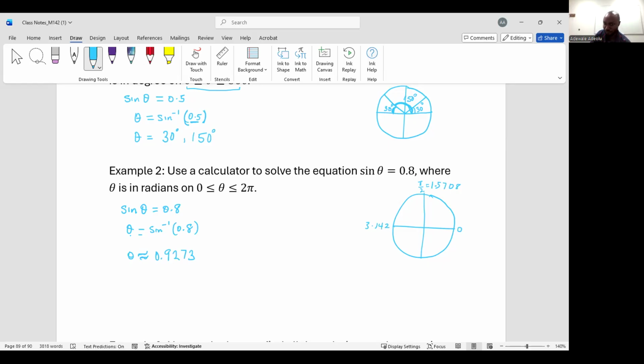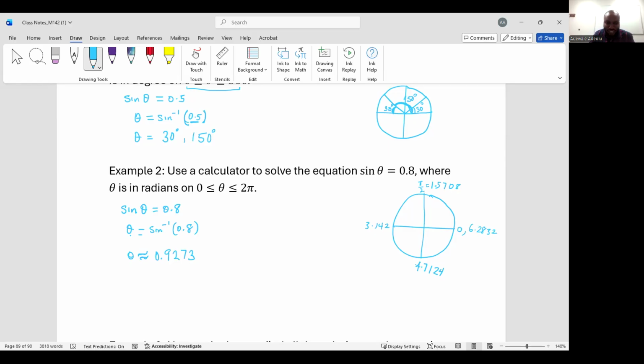And here is 3 pi divided by 2, so that is 4.7124. And here is also 2 pi, which is 6.2832, in decimal.